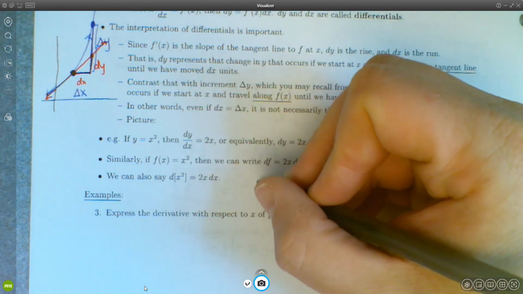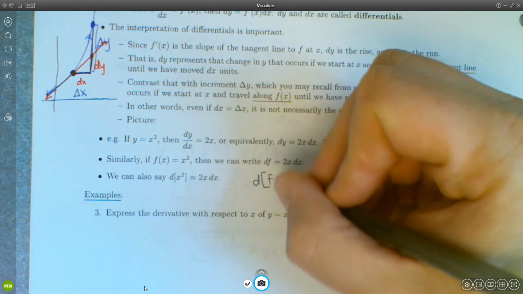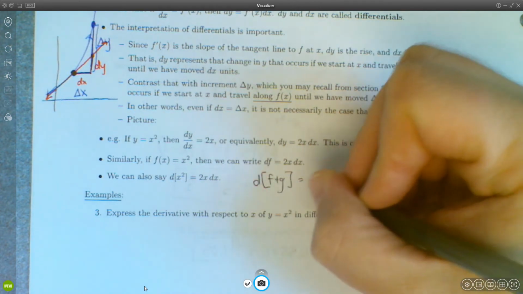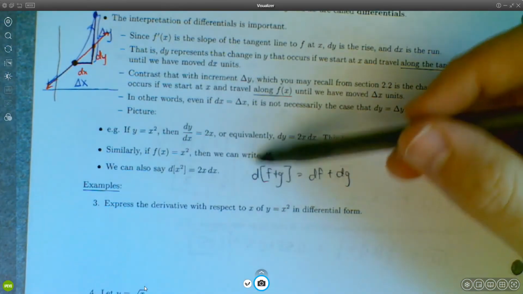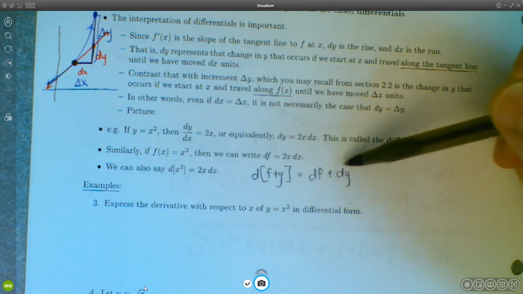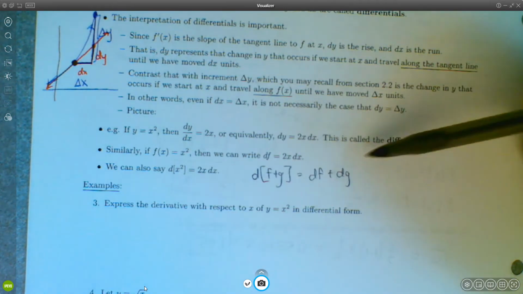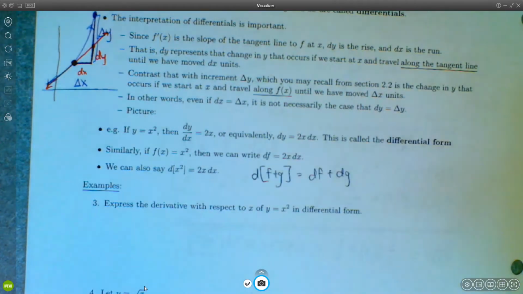It's nice to just be able to say d of f plus g equals df plus dg. Because normally we would say d/dx of f plus g equals d/dx of f plus d/dx of g. But you can just multiply through by dx and clear all the dx's. And so this is a more compact way to write down the same thing.